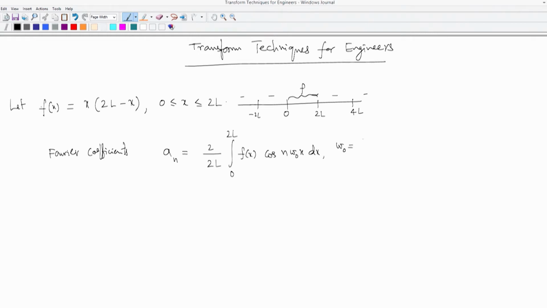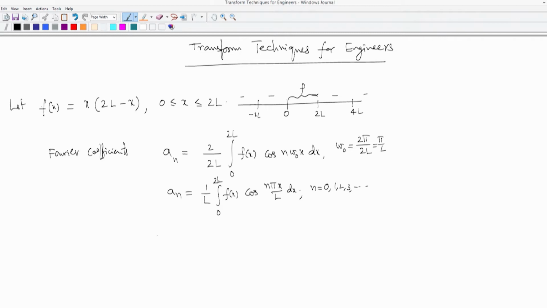Omega naught is 2 pi by the period, which here is 2L, so it is pi by L. So you have a_n = 1/L times the integral from 0 to 2L of f(x) cos(n pi x / L) dx, where n runs from 0, 1, 2, 3 and so on. So that has a 0 as well.